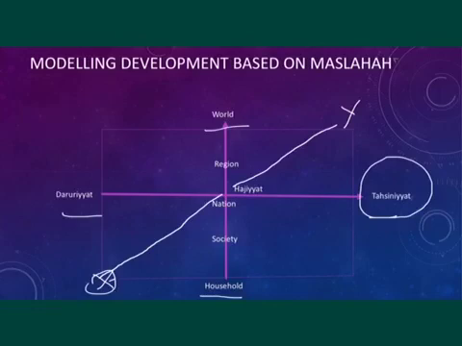There are also other possibilities, such as point W here, where the progress of development can be from the individual level, moving vertically from individual to the society and then national level, and then continues towards global fulfillment of the daruriyat.